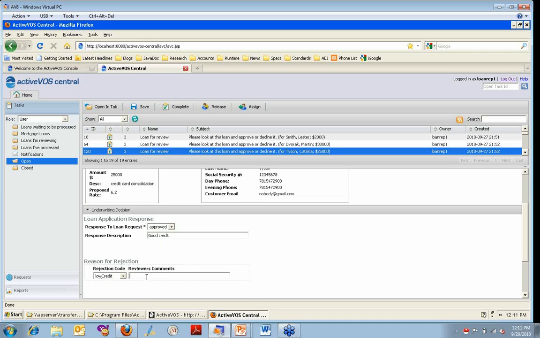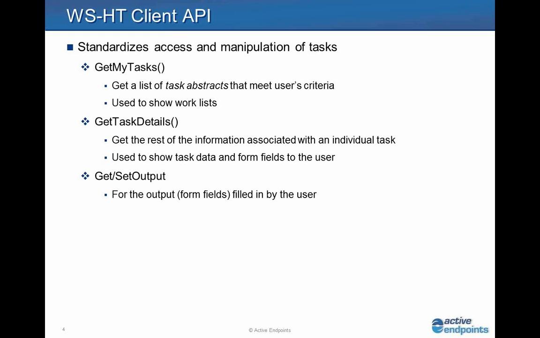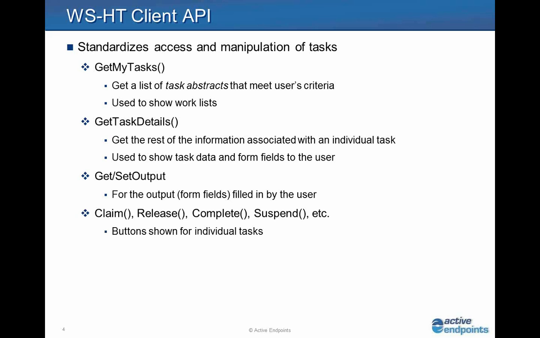So this is if I'm going to reject a loan. So I can work on a task. As I'm working on it, it's going to be saving the output that I've worked on so far. And that's this set output. And then, of course, if you come back to it later, you have to get the output that's been worked on so far.